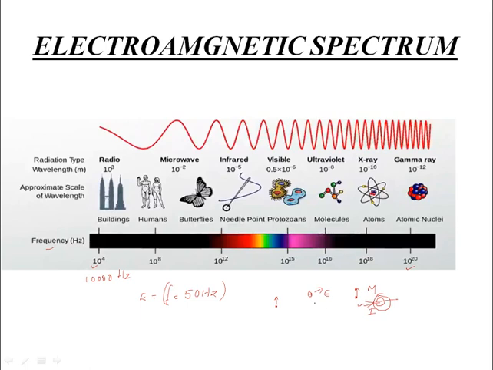So these are the concepts of electric field and magnetic field separately. But on the contrary, what we are doing is taking a particle and making it oscillate in both these directions at a very high speed. If you do that, it will start emanating energy in the other direction, perpendicular to that of the electric field and magnetic field. This is how we are going to produce an EM wave.